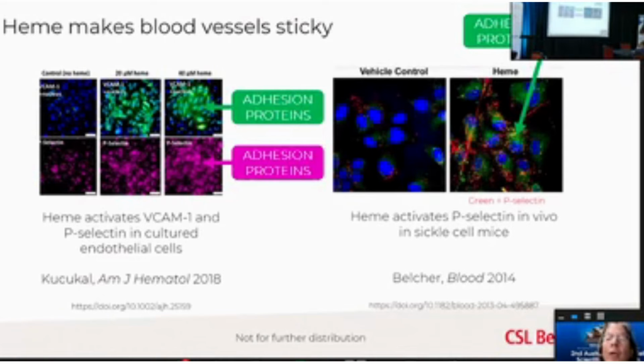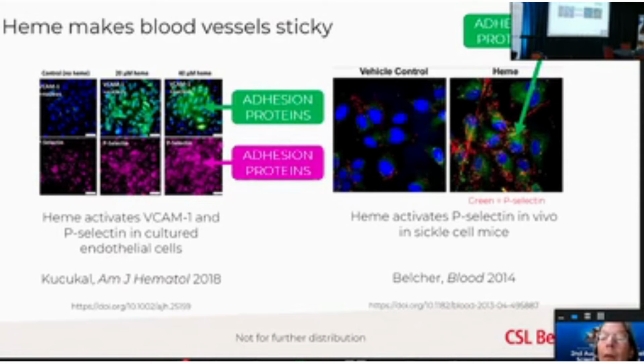Over on the right here, you can see a similar story, except these are actually from intact blood vessel sections from a sickle cell mouse, published from John Belcher's lab. Again, over on the left, you can see stained in blue the nuclei of the blood vessel cells.